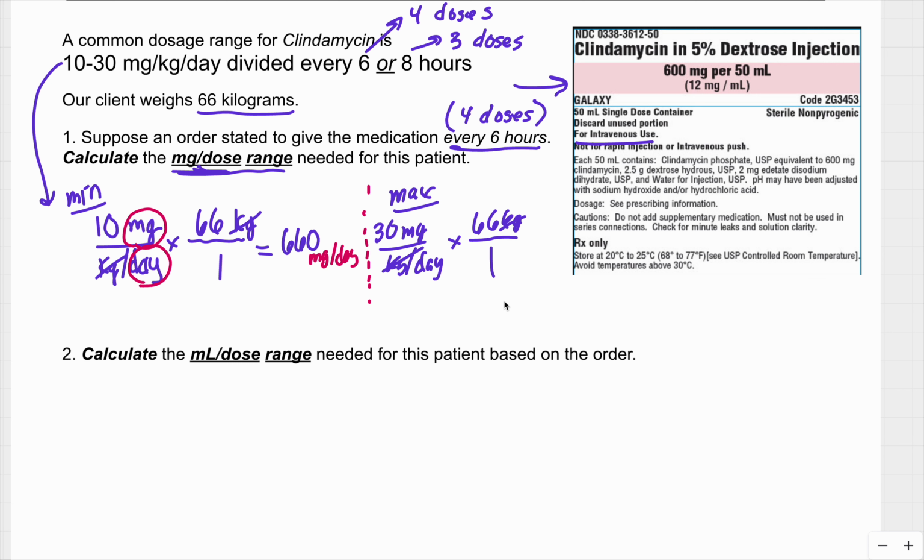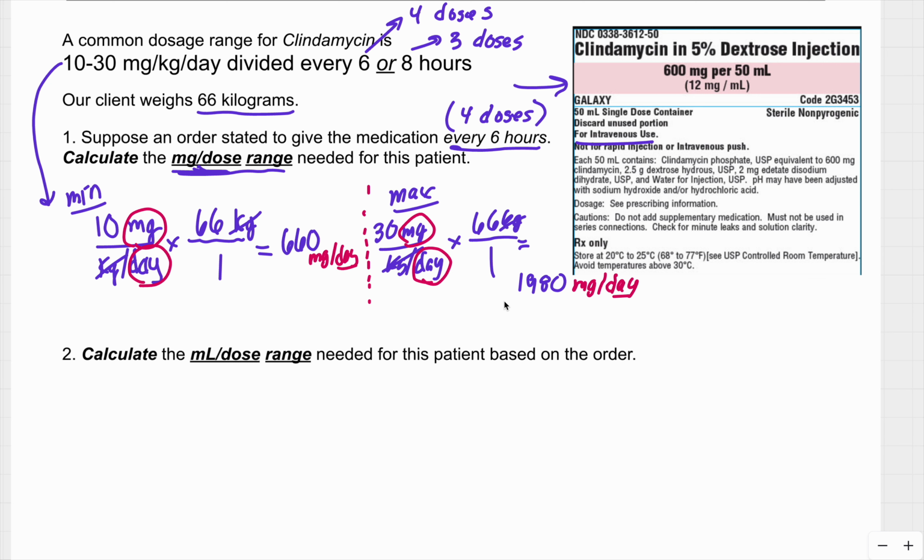If you multiply the maximum value on that range, we're going to have the number of milligrams per day as the maximum. Let me just put this in my calculator to make sure, 66 times 30, we get 1,980, and the units are milligrams per day. So that's how many they need per day.